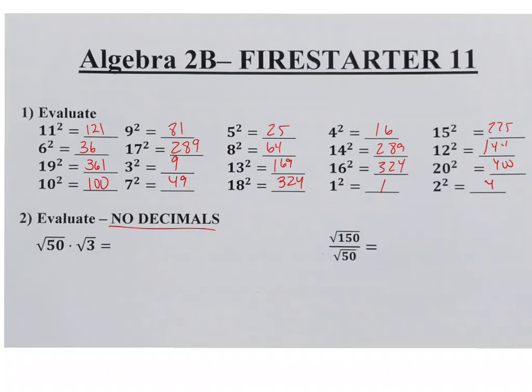So evaluate, remember, no decimals. What I'm going to do is put 50 and 3 together. It turns into the square root of 150. I'm going to look on my list for a perfect number that goes into 150. The biggest perfect number that I see that goes into 150 is 25. So this is going to be 6 times 25. Remember, 6 is not perfect, so it doesn't matter.